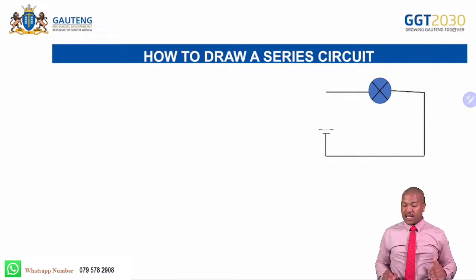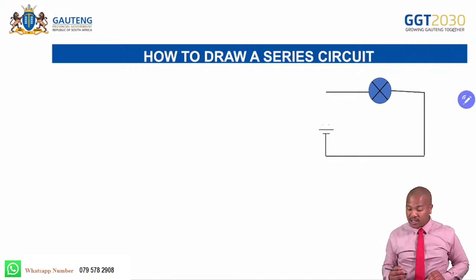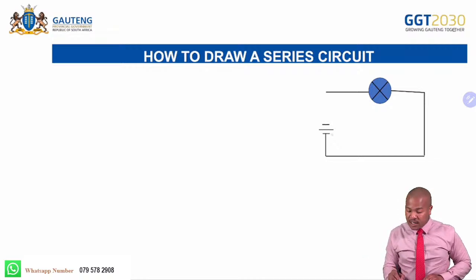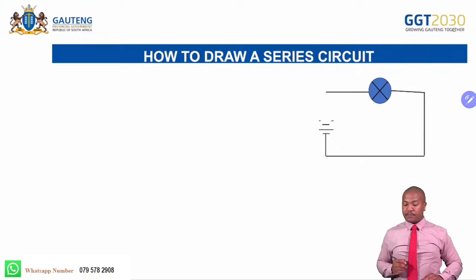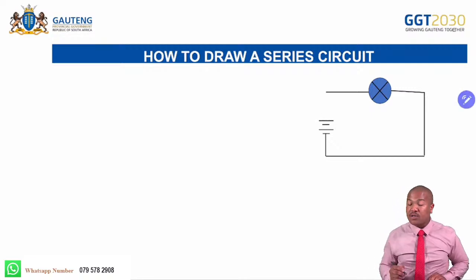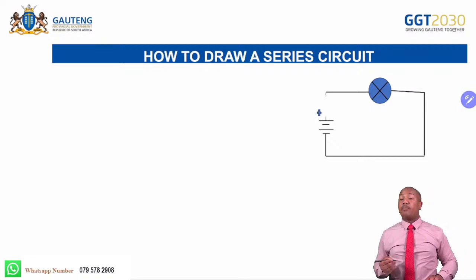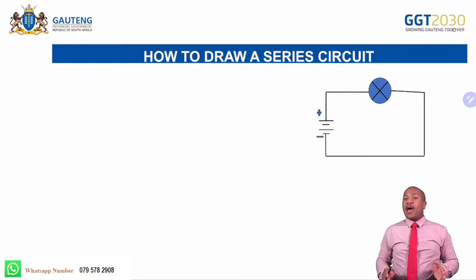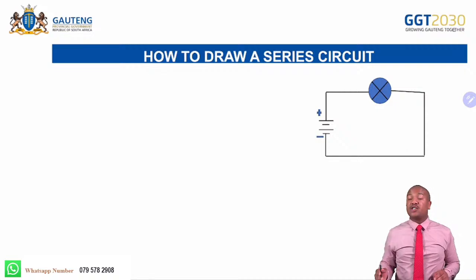which is a cell, and in this case it is a battery, because there is more than one cell. They are two, negative and positive. We have a battery as our source of electricity, and then our series circuit is complete.